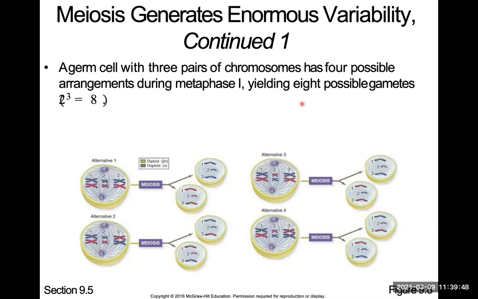So there are basically 8 million different possible combinations, and then the egg is going to get one of those. If someone has a child and 2 years later they decide to have another child, it's a 1 in 8 million possibility that the sperm that has the same combination as the previous child is going to fertilize the egg.